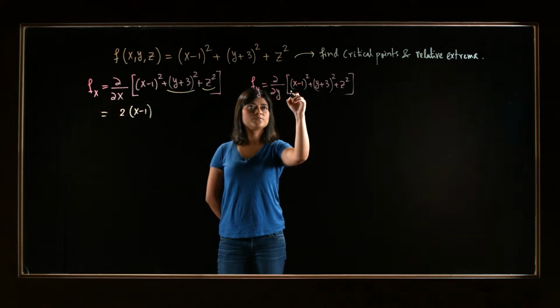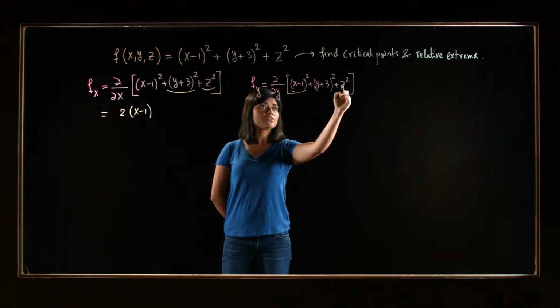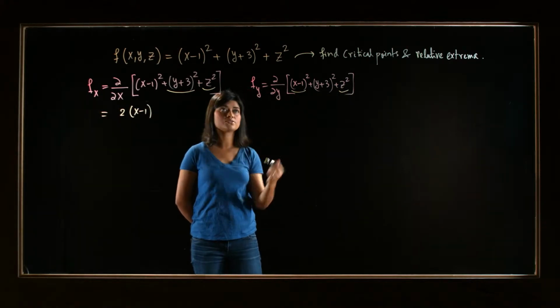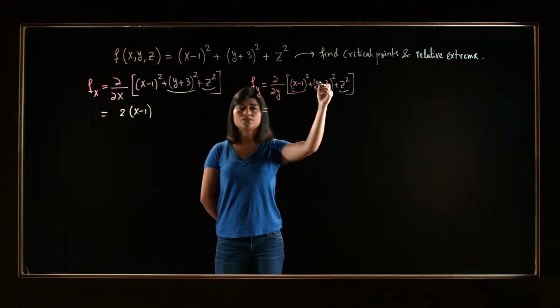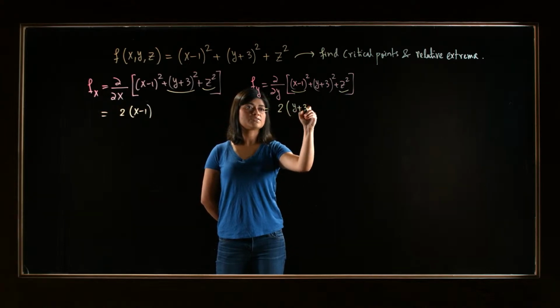So the first term is a constant because there is no y, and the last term is z squared, also there is no y, so this is also constant. So the derivative will be just the derivative of the second term, which is 2 times (y plus 3).